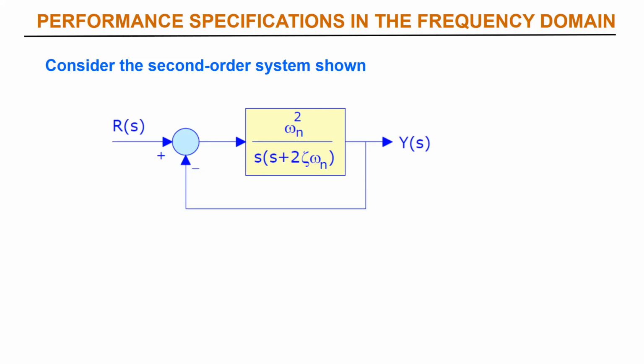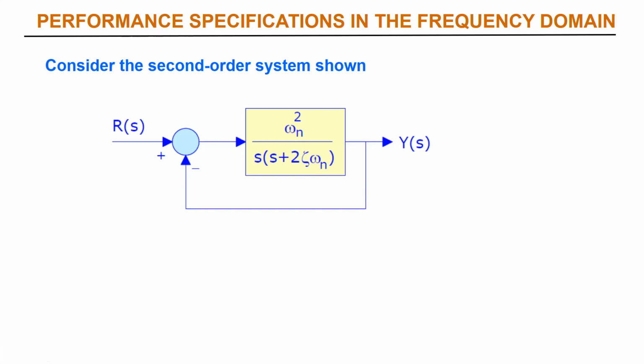First of all, what will be the transfer function of this system? Unity feedback. Very simple. Can any other person help us? Yes, step by step.